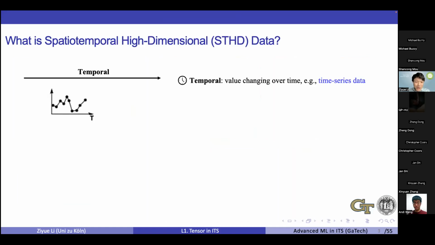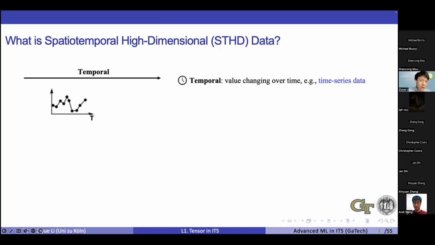As you already discovered in the syllabus or the introduction, the data we are going to talk about today is called spatial temporal high dimensional data. So what exactly is spatial temporal high dimensional data? Let's start small. If we only look at temporal data, we are quite familiar with that. It's basically time series data where the value changes over time.